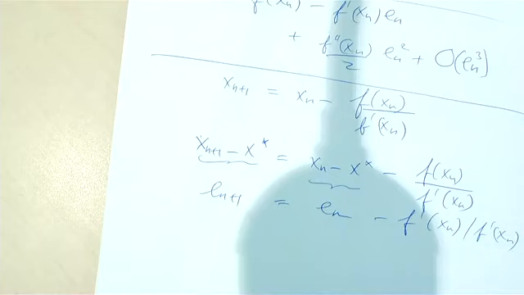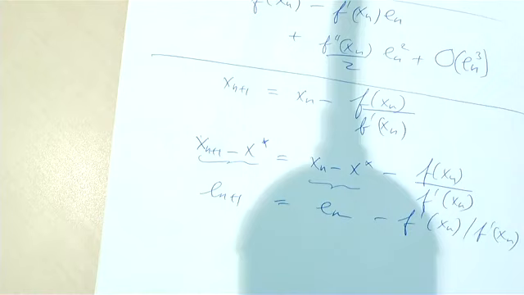And then how do I move from the second to the third line? Just use this one, because this is 0. So you move those two terms to the left, and the right-hand side remains. So this is what you get here. Okay? So far so good?